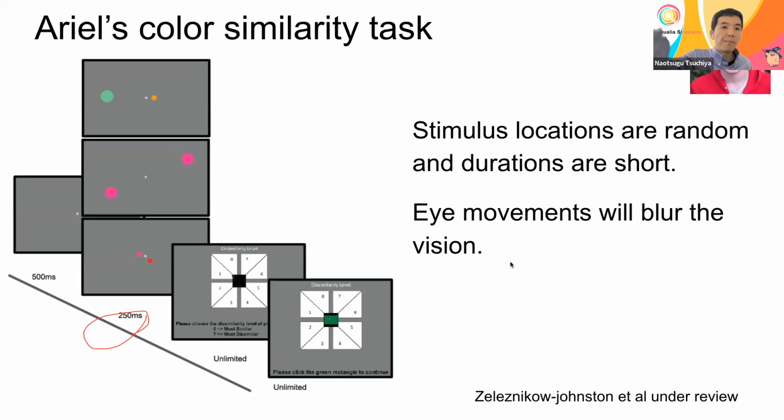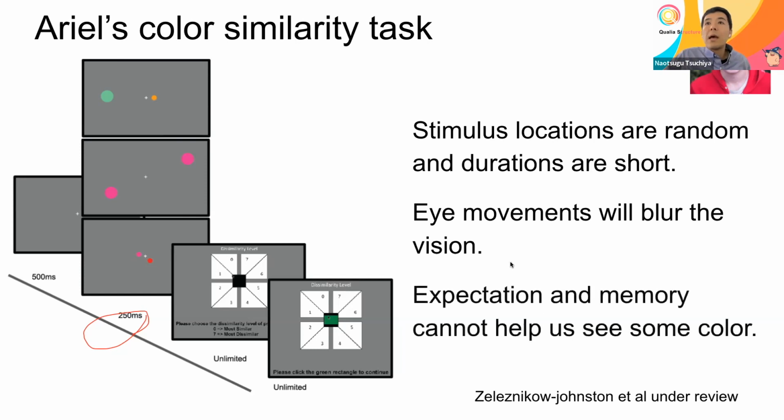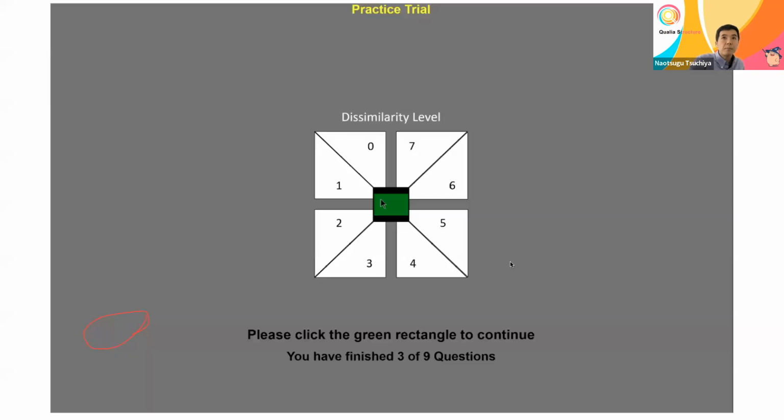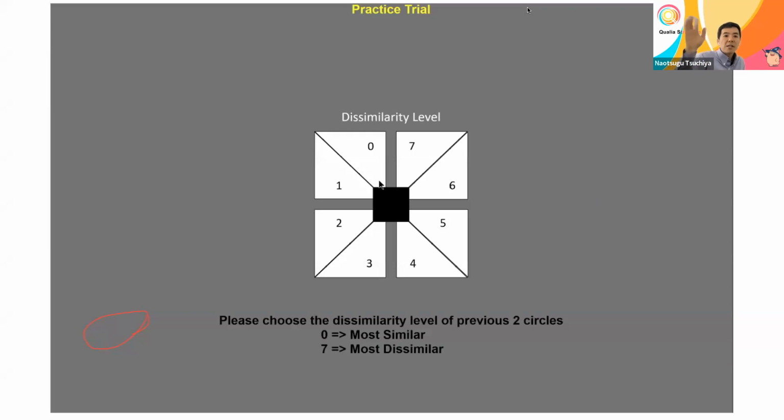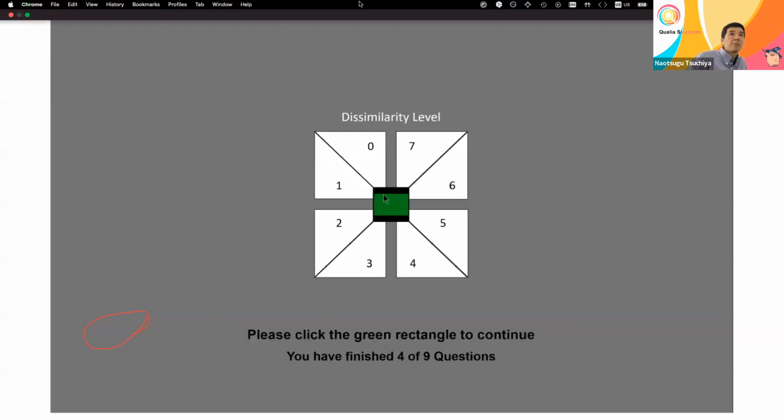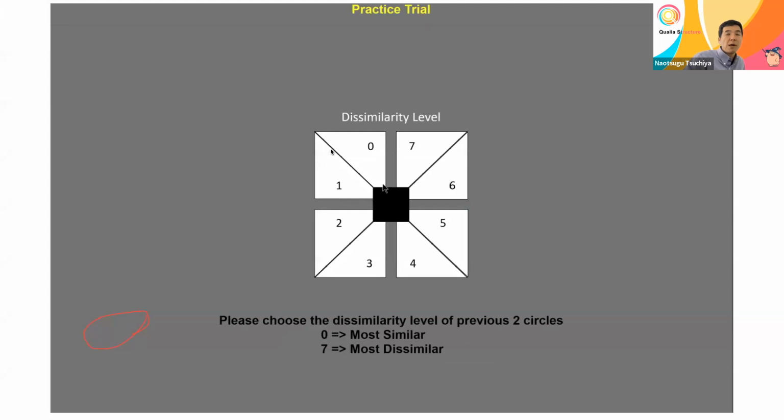And because we presented the stimulus always in diagonally opposite locations, you can't see both with the fixation, okay? So expectation and memory cannot help us, because it's always random across the trials. And this is the demo of the experiment. It's much longer than the actual experiment because this is for demonstration purposes.